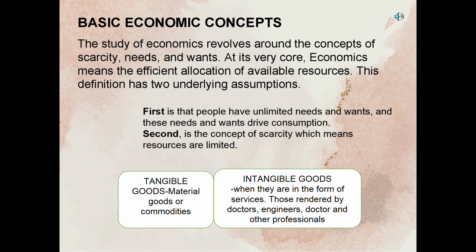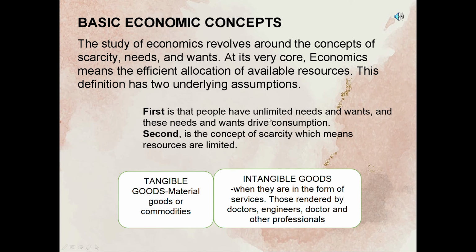Basic economic concepts. The study of economics revolves around the concepts of scarcity, needs, and wants. So that means economics is the efficient allocation of available resources. This kind of definition has two underlying assumptions. First is that people have unlimited needs and wants.